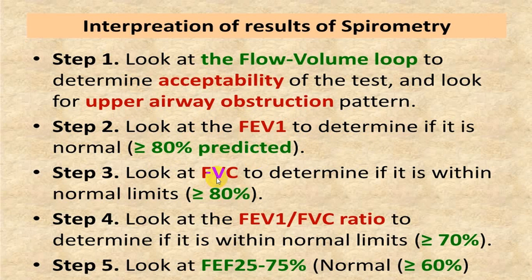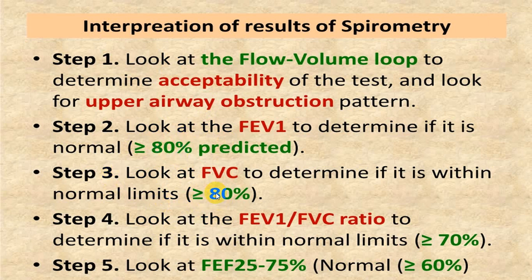Look at FVC. That is more for restrictive, because a restrictive element will change the forced vital capacity. So FVC will change with a restrictive pattern, and FEV1 will change more with obstructive, and also with restrictive. But FVC will change more with a restrictive pattern, and the normal limit is again 80.